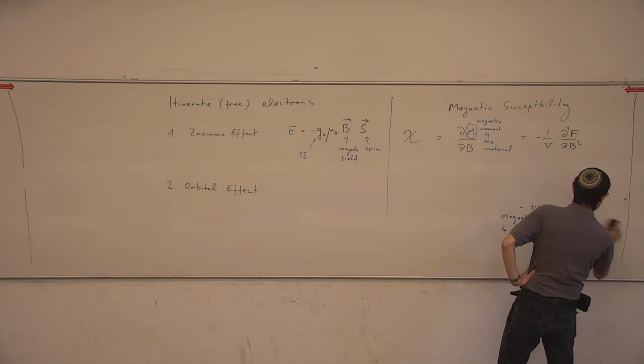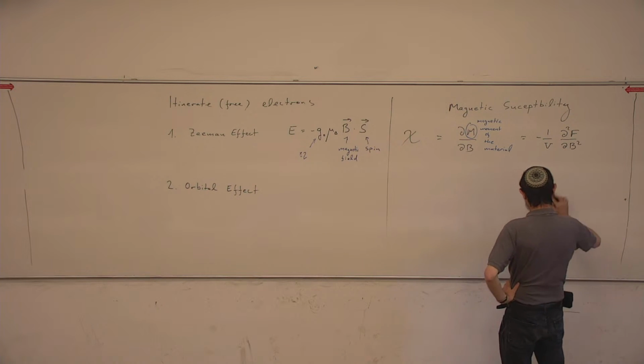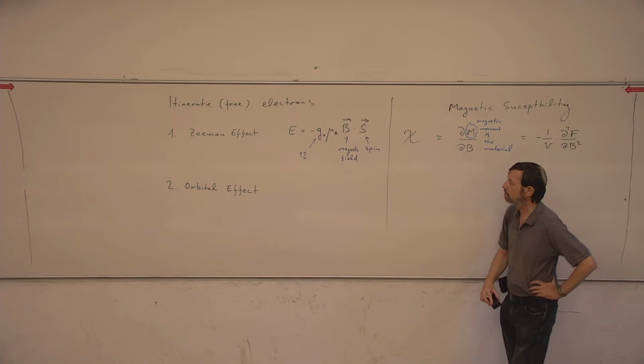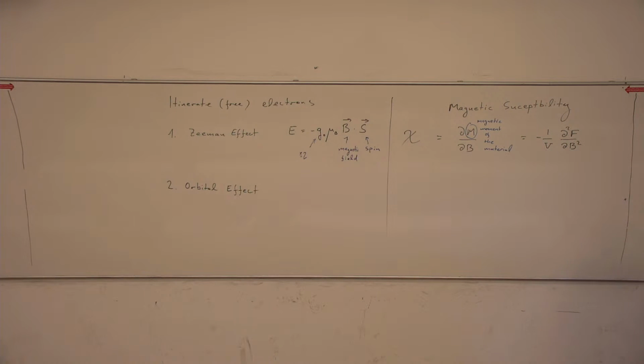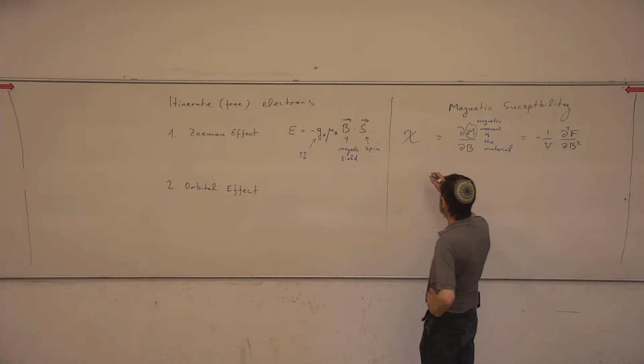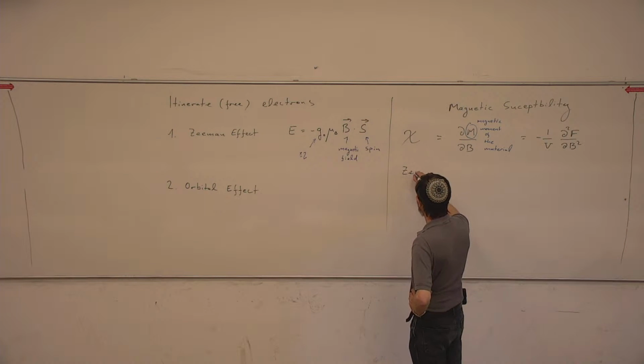Let's look at the first mechanism. Okay, so Zeeman, sometimes also called Pauli.